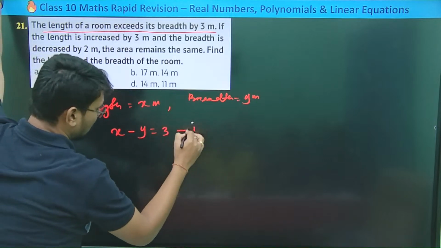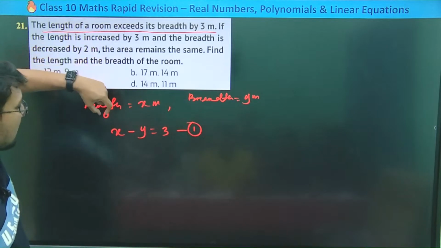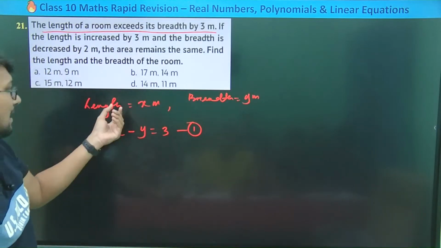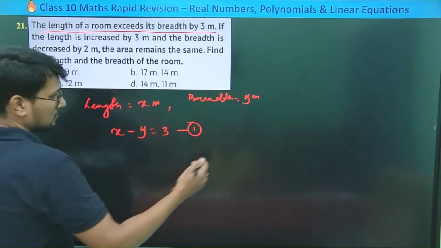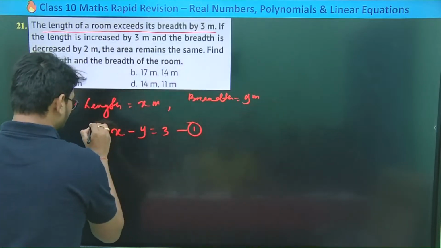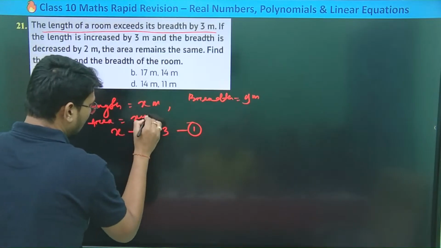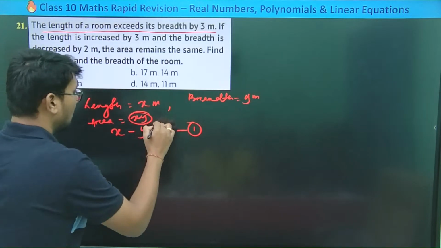Number 1 equation. If x minus y is 3, length x, breadth y. What is the area? Area is xy meter square.